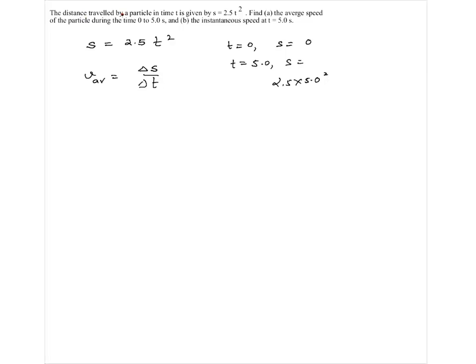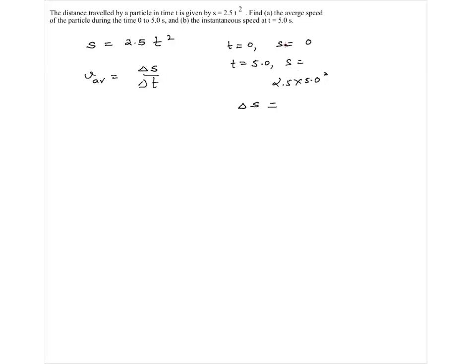Position of a particle moving in a straight line is given by this. So delta S will be S2 minus S1.